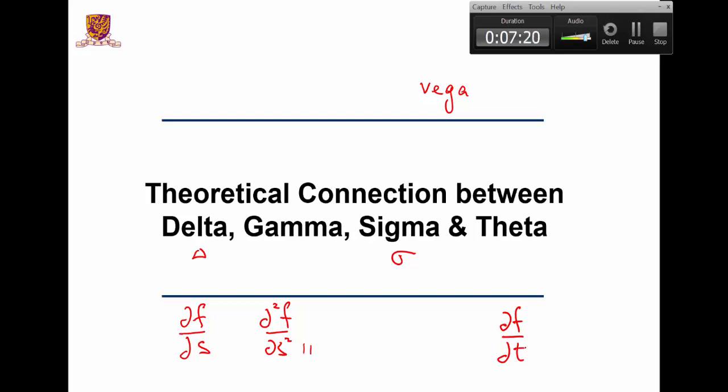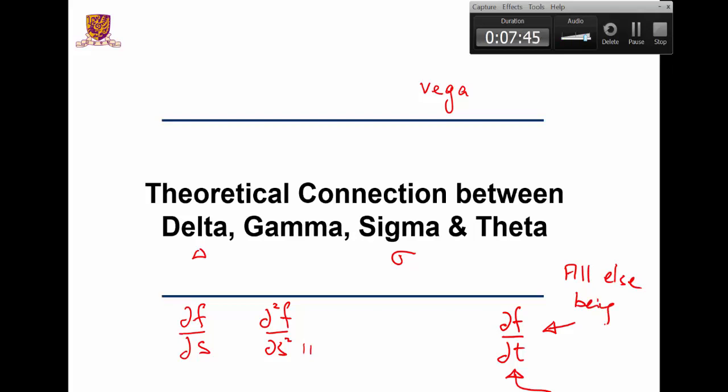So if you know even just a little bit about calculus, you will understand that when you are trying to figure out the change in price with respect to time, what you are saying is, I want to know this when nothing else changes, or what we always are so fond of saying, all else being equal.